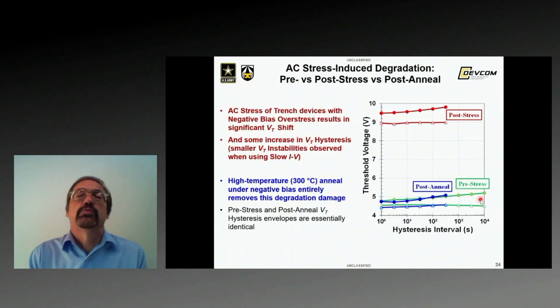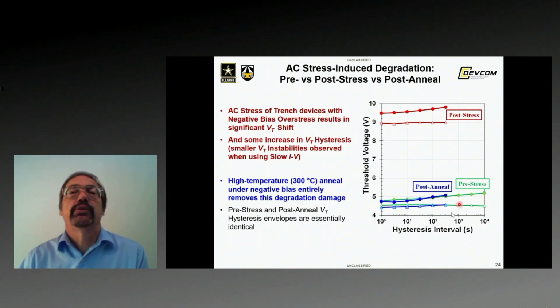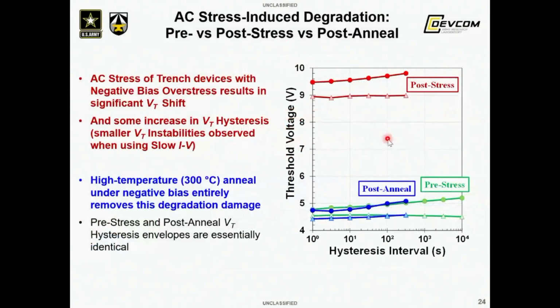So finally, in this figure, I'm comparing pre-stress with post-stress, with post-anneal. And in this case, we used a slow IV. All the other measurements I showed were using a fast IV, but this one we use a slow IV. So the instability, the VT hysteresis, we're showing the hysteresis envelope here.